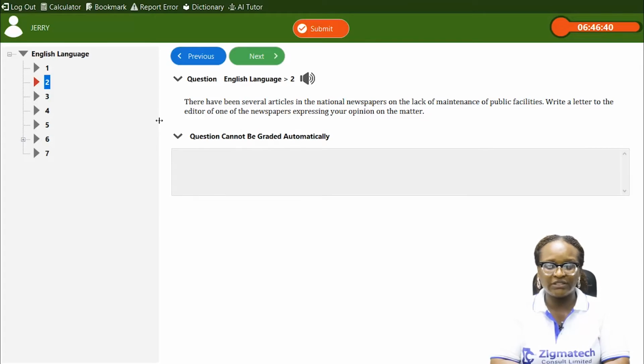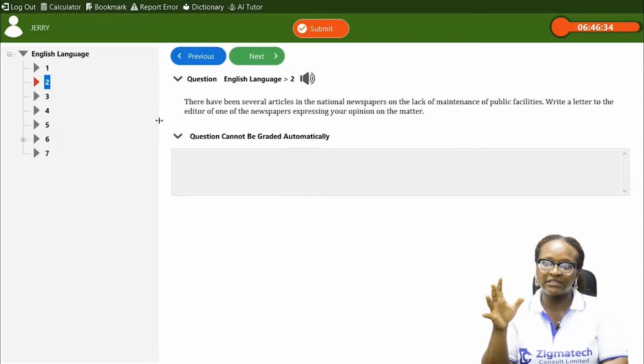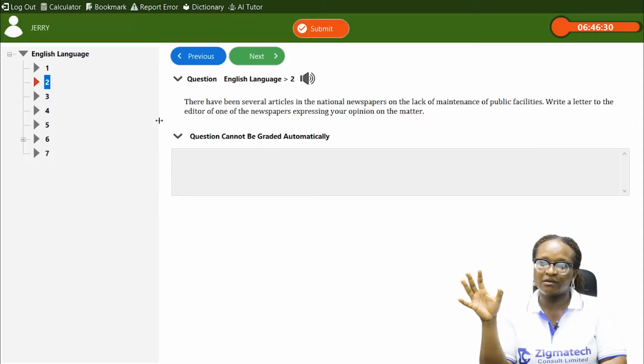Another thing I would want to point out in the address of the writer is for you to know where the letter is going to. Now, looking at this letter, it says, there have been several articles in the national newspaper on the maintenance of public facilities. That's national. So maybe I could think of the national newspaper being in Lagos State.